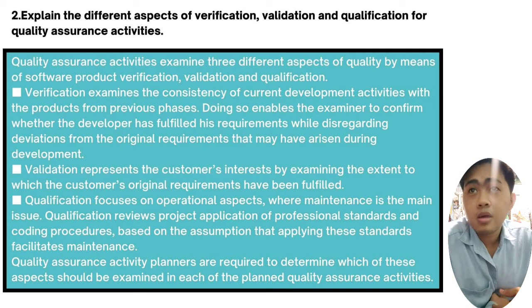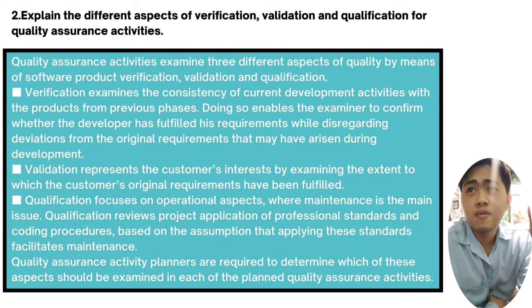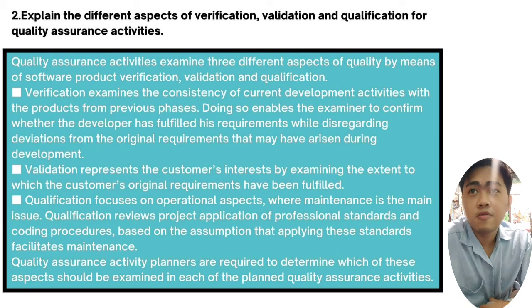Verification examines the consistency of current development activity with the product from previous phases. Doing so enables the examiner to confirm whether the developer has fulfilled the requirements, while disregarding deviations from the original requirement that may have arisen during the development.